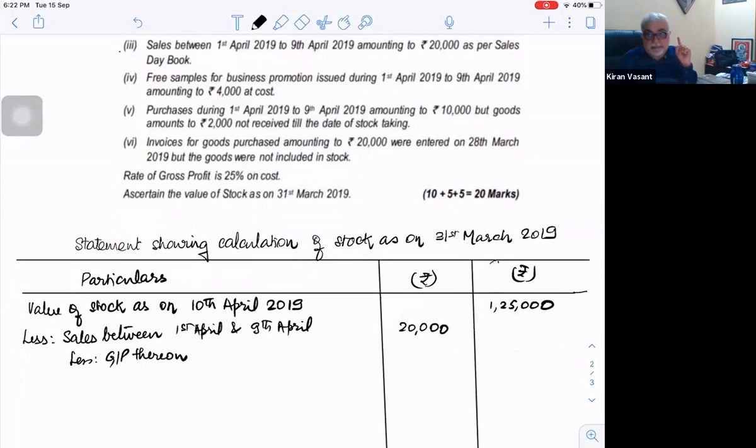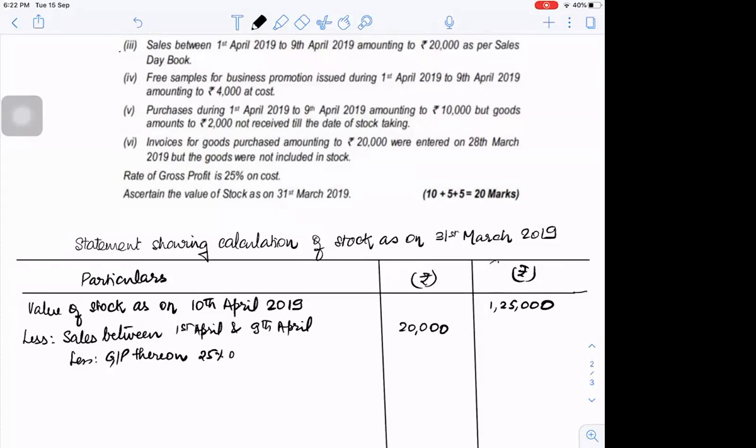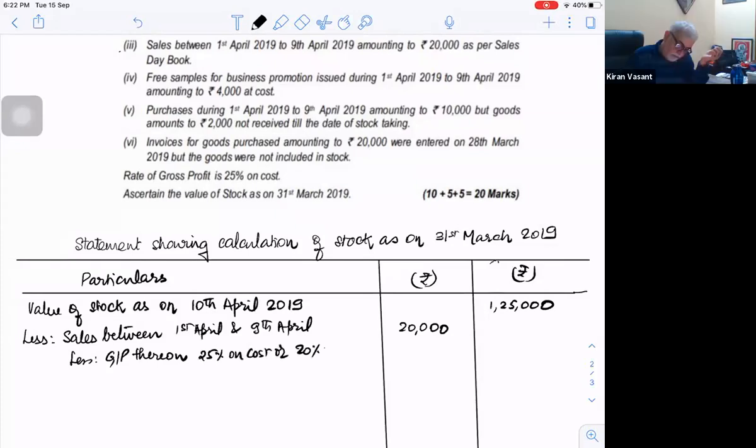Profit margin is 25% on cost. Sales is in selling prices. So 25% on cost is how much on selling price? 20%. So 16,000 would be added, not less, sorry.